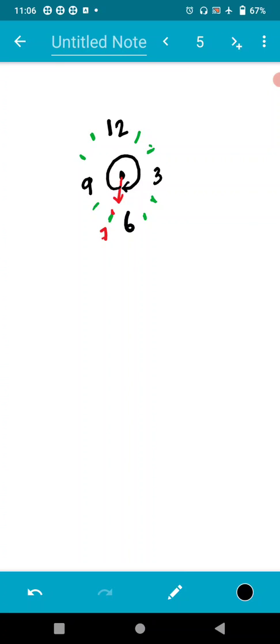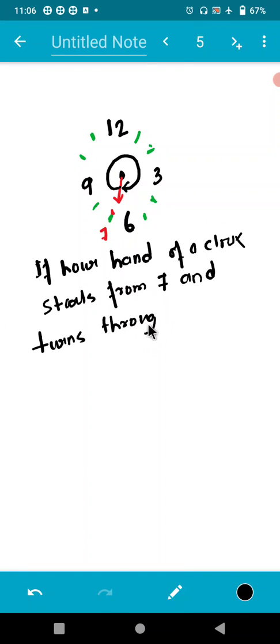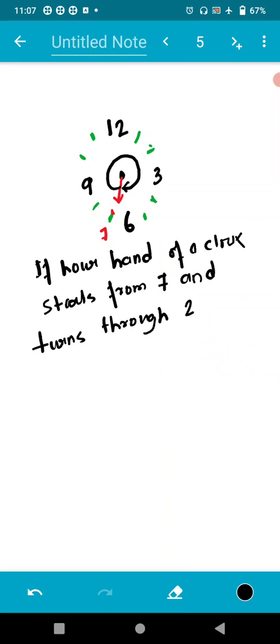Fine. So what to write? How to conclude your solution? So you will write, if our hand of a clock starts from 7 and turns through 2 straight angles.